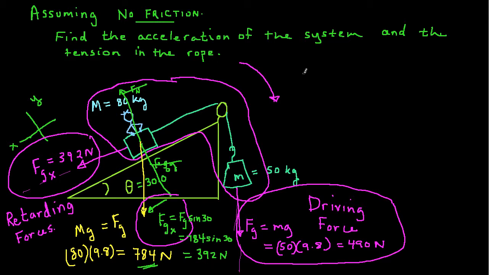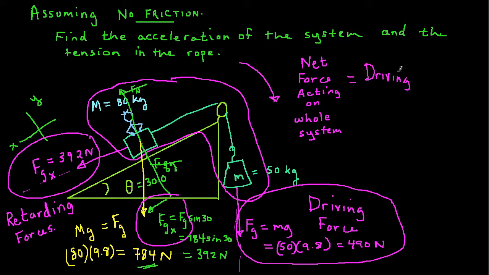And then the net force acting on the system, so it's on the whole system, and that's really important, is going to be equal to the driving forces minus the retarding forces.